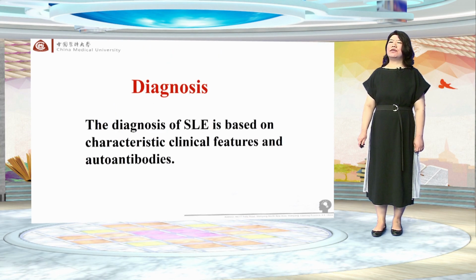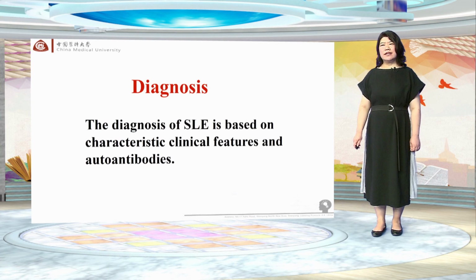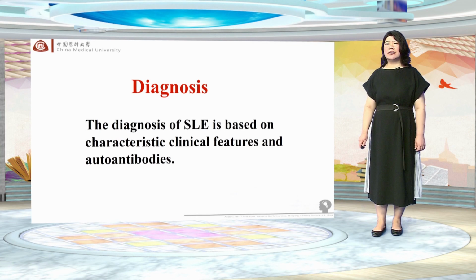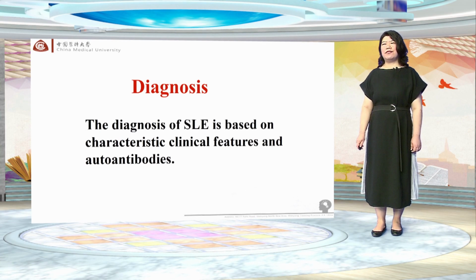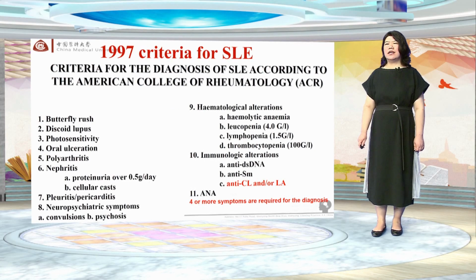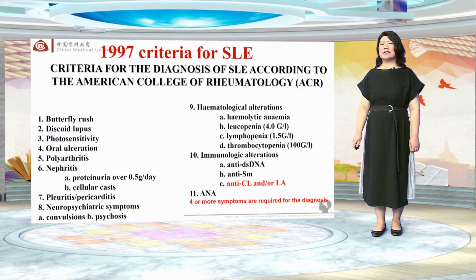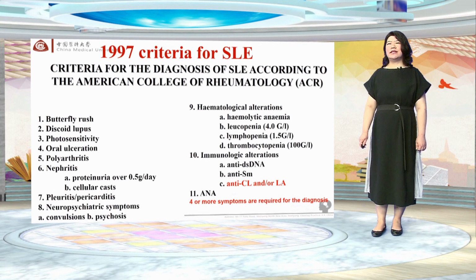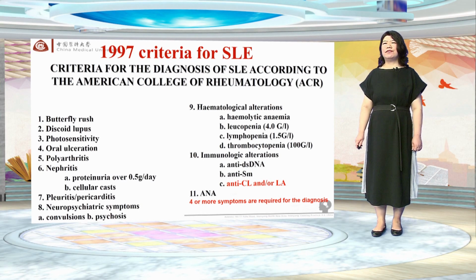The diagnosis of lupus is based on the characteristic clinical features and the laboratory tests, especially the autoantibodies. At this moment, there are 3 criteria for lupus. The earliest one is the 1997 ACR criteria for lupus.